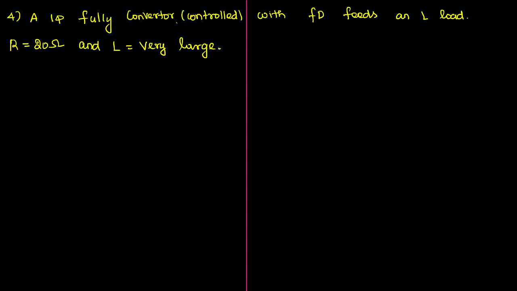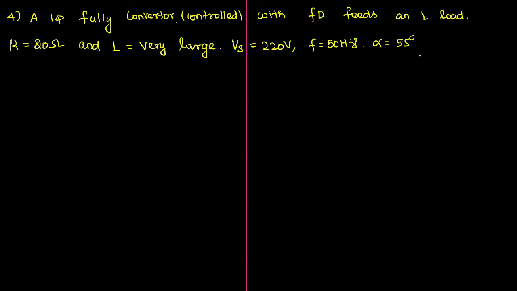So inductance is large, very large. Next, very large means you know the meaning. This input converter. Now the supply voltage Vs is given as usual 220 voltage. Frequency F is given as 50 hertz. Firing angle alpha is given as 55 degree.